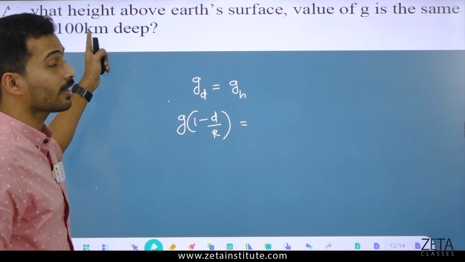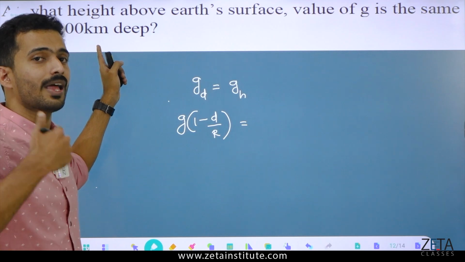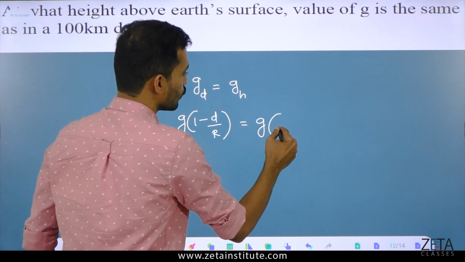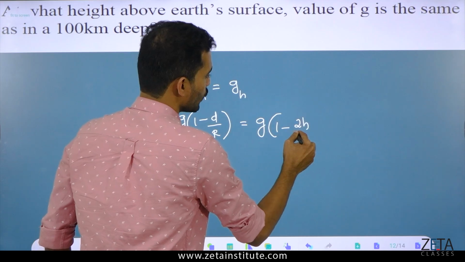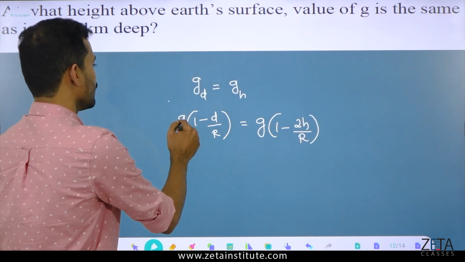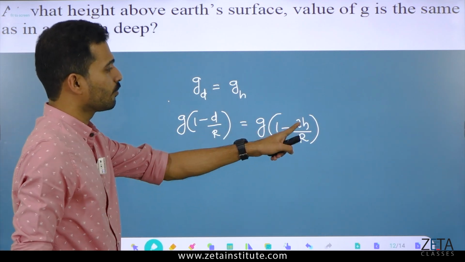It is only 100 kilometer. The value of h is very less than R, so we can use the equation g into 1 minus 2h divided by R.